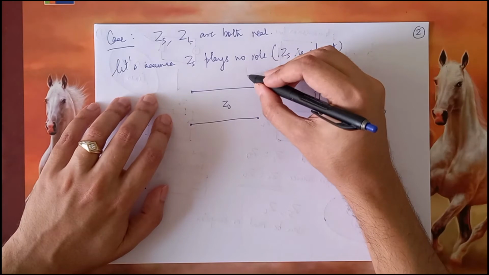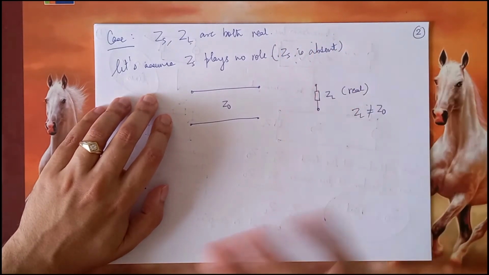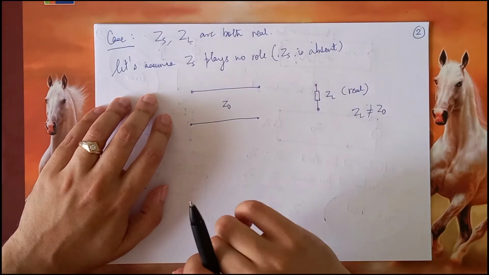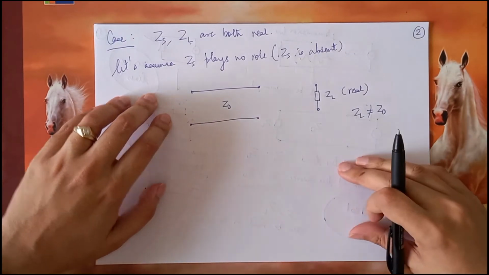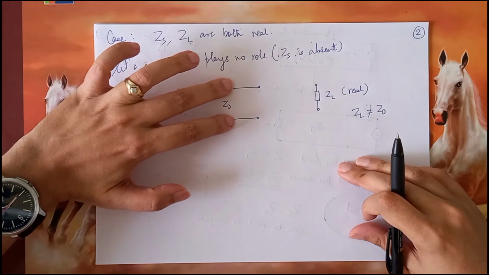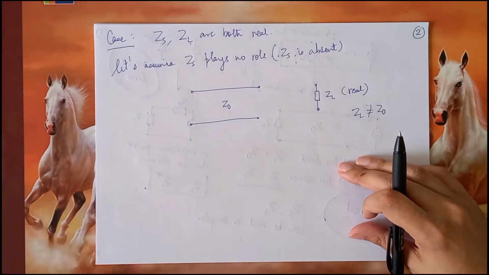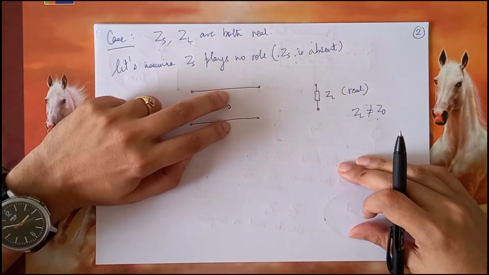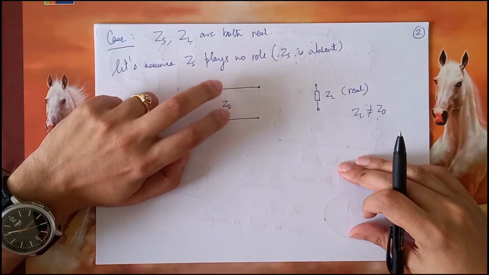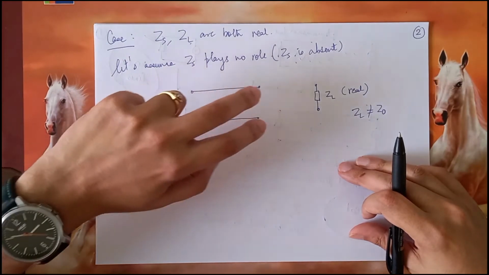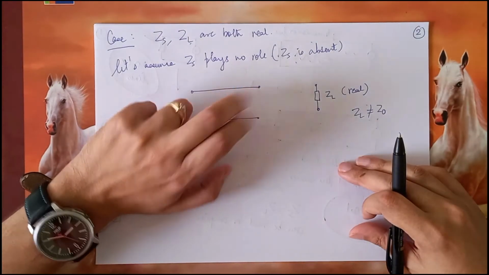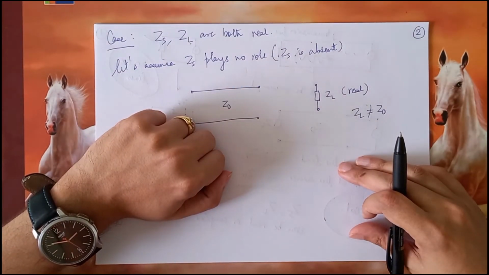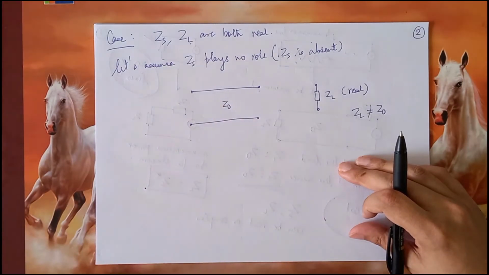Well, in such a case, let us try to understand what we are desirous of achieving. Suppose a wave is traveling through this transmission line. In an ideal scenario, for no reflections, it expects to see a load whose impedance is equal to Z0.